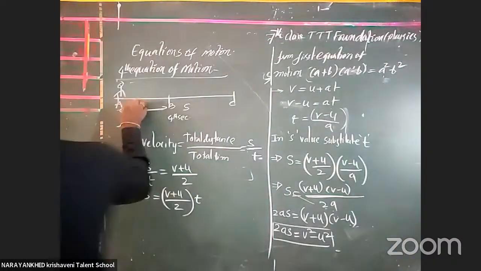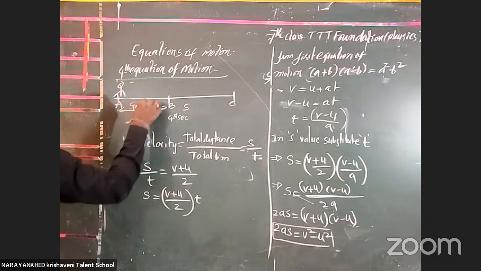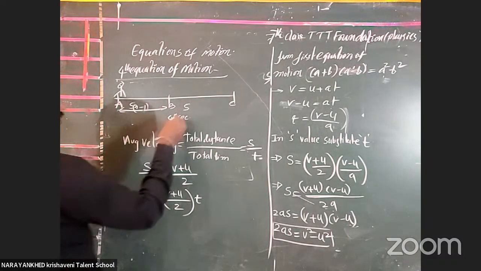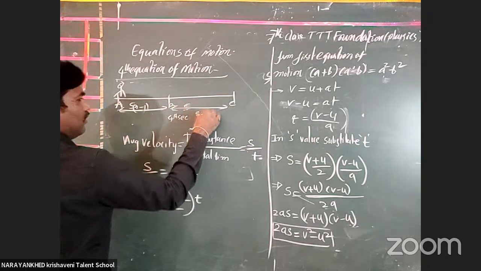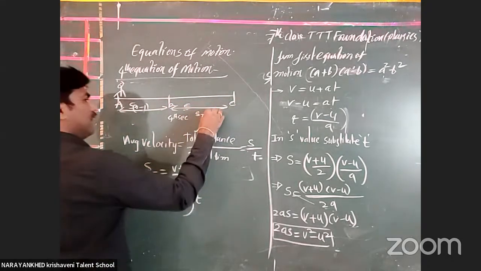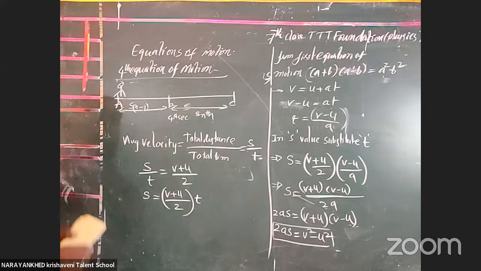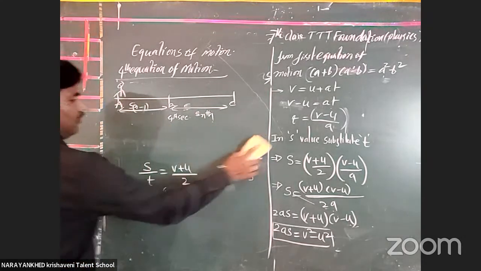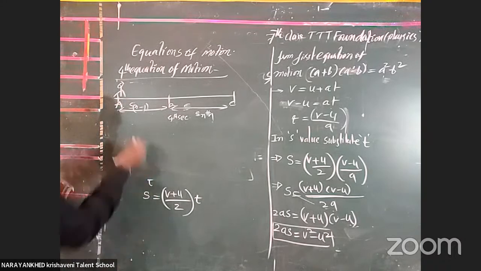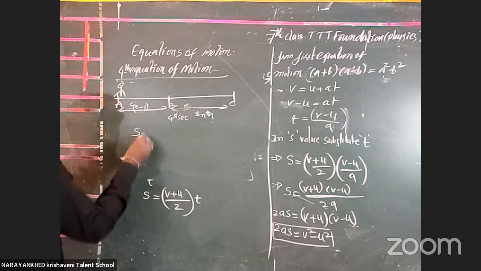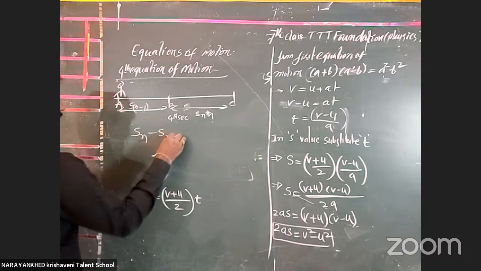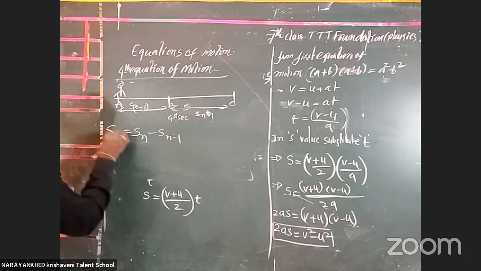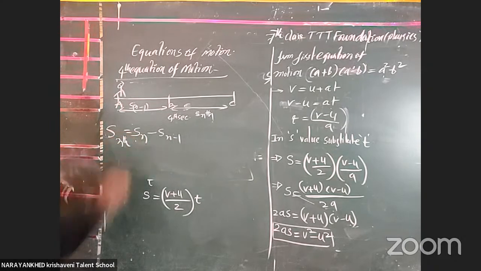From the third to the fourth second, how much distance is traveled? In the fourth second, how much distance is traveled? That becomes Sn. For finding this value, we have to take the total distance traveled by the body in n seconds minus the distance in n minus 1 seconds. That provides for us the nth second.